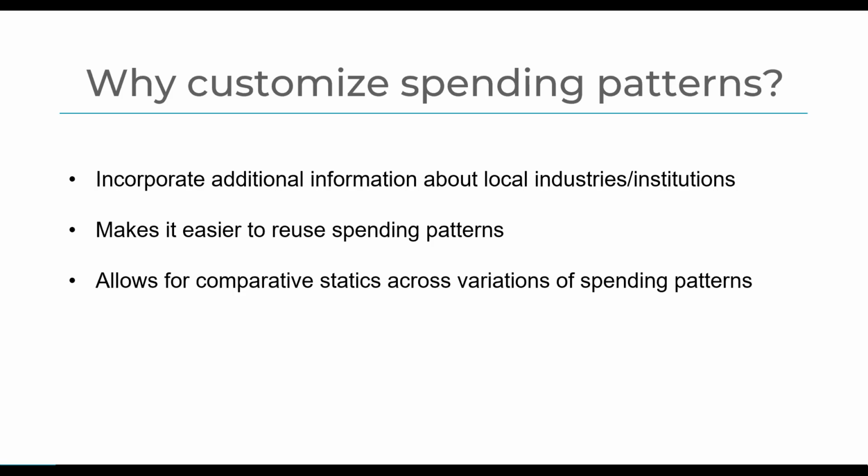Now, you're going to need either additional data, often in the form of survey data from those industries, or you're going to need to make assumptions about those spending patterns, those expenditures. So the first thing is you want to incorporate additional information about local industries and institutions.